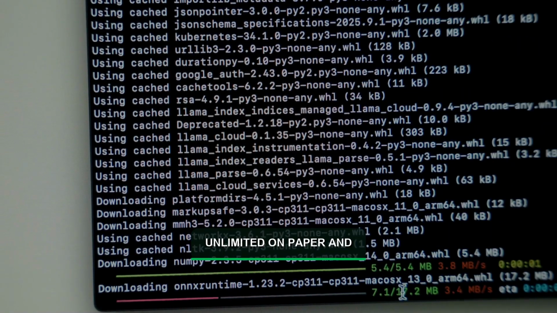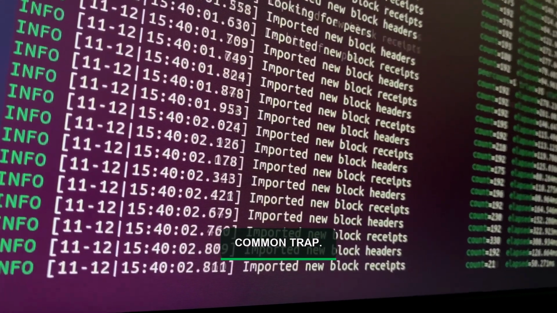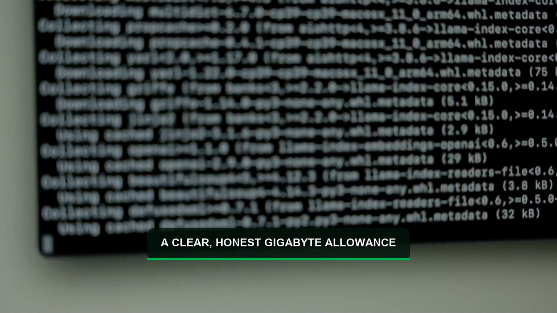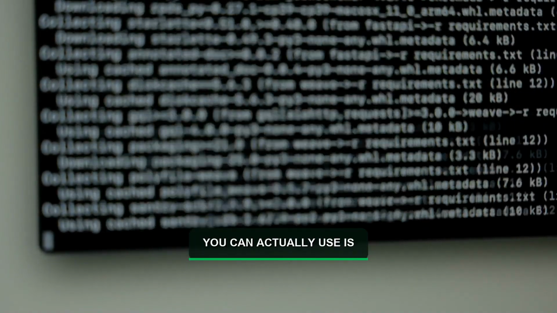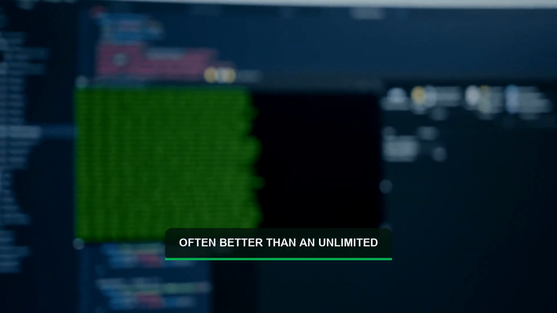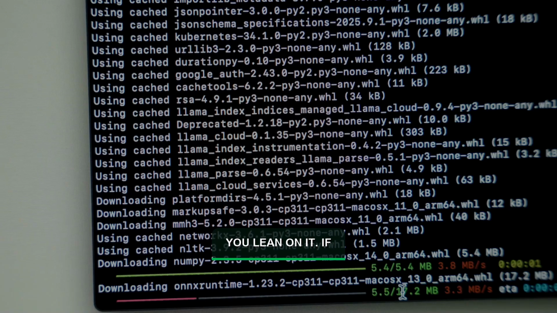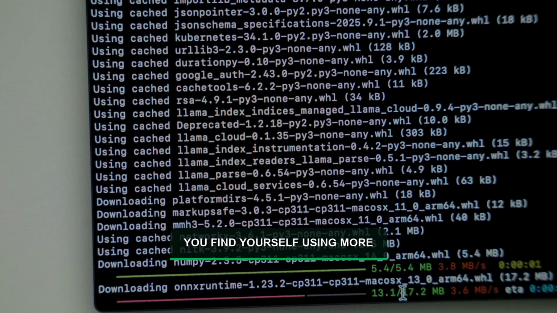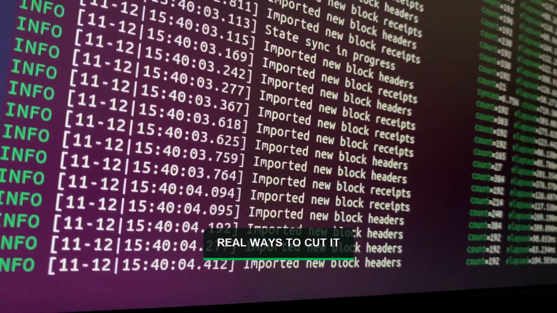Unlimited on paper and unusable in practice is a common trap. A clear, honest gigabyte allowance you can actually use is often better than an unlimited plan that crawls the moment you lean on it.